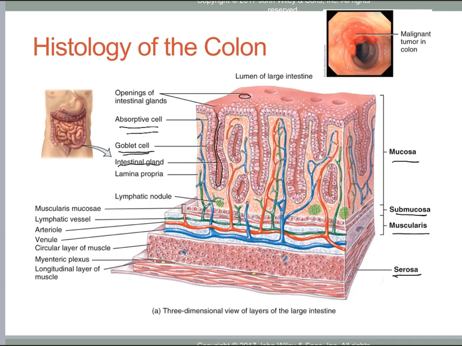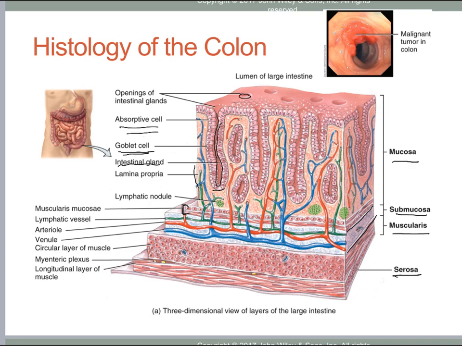We have our lamina propria, what's supporting the lymphatics and the blood vessels through the mucosa. We do have some lymphatic nodules here that are surveilling as well. That brings us to our submucosa. Below this muscularis mucosae, this band of muscle right here, we have our submucosa.